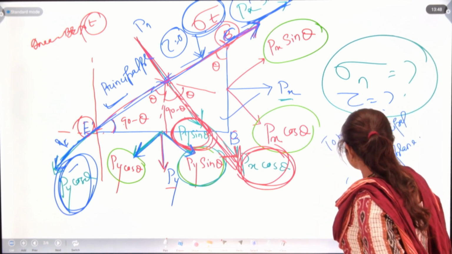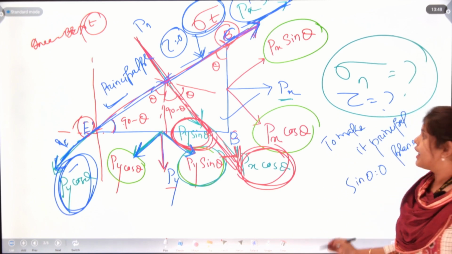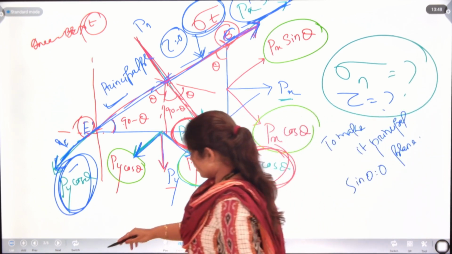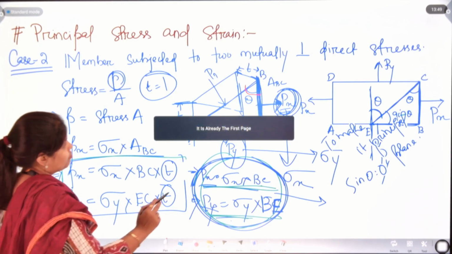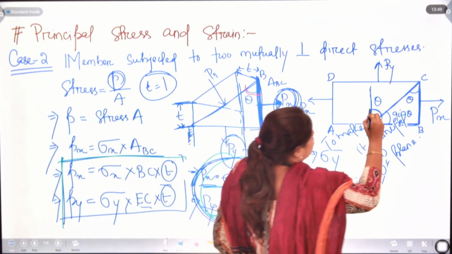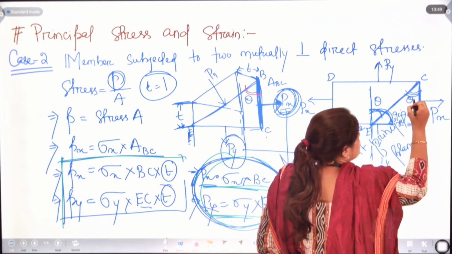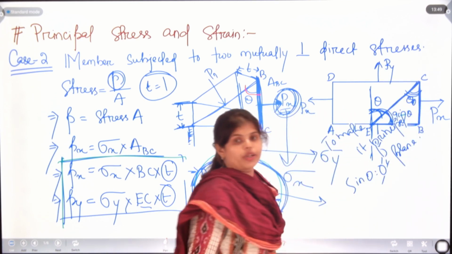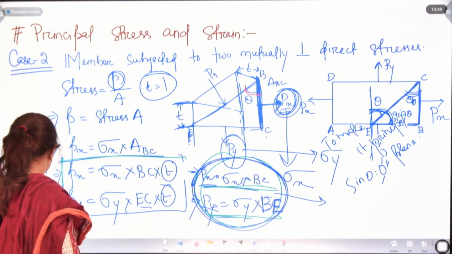We know that sin 0 equals 0. If theta is 0, then this will be our principal plane.